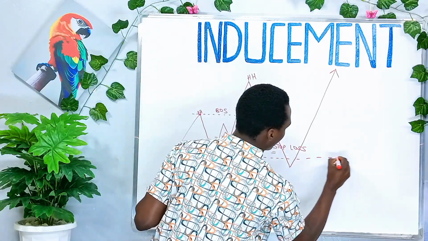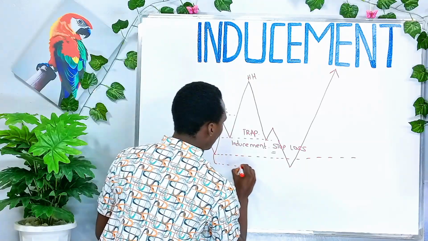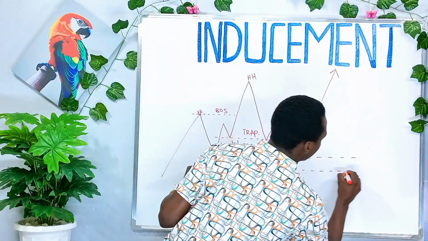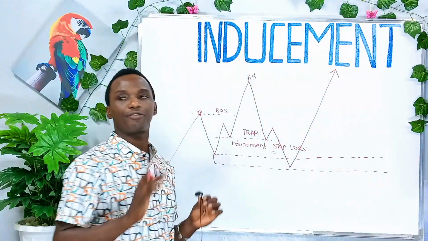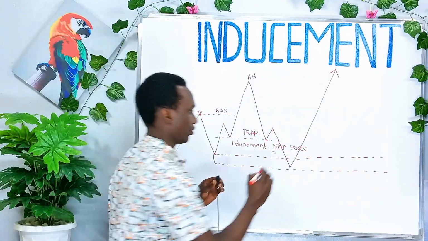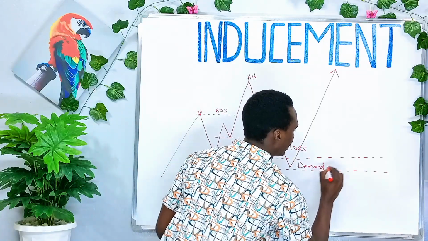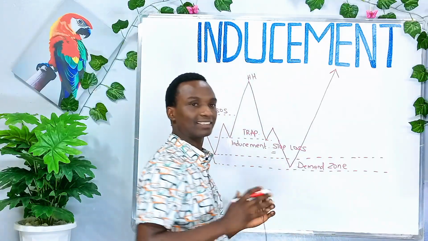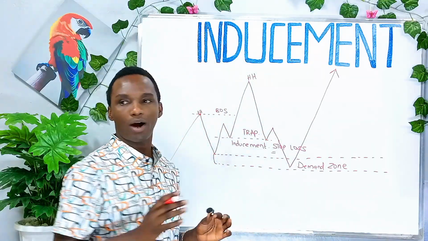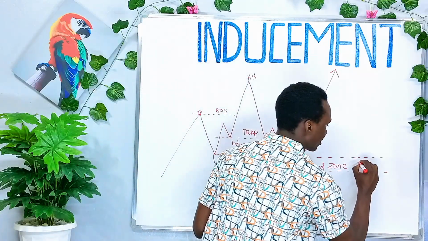So in this case, we are having this level, and it is a zone. This zone we will refer to as a demand zone, and in our case right now it is a POI. What is a POI? It is a point of interest.